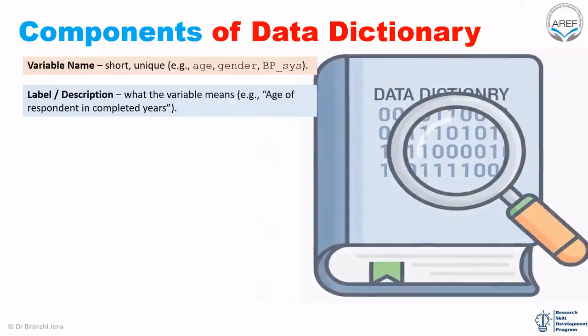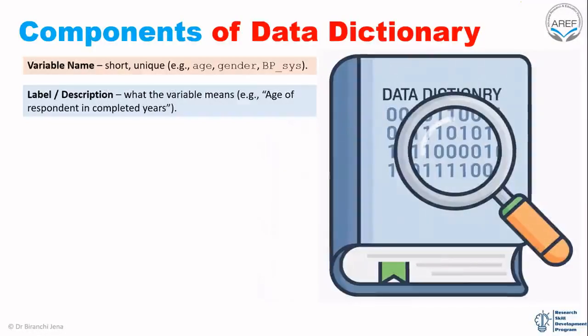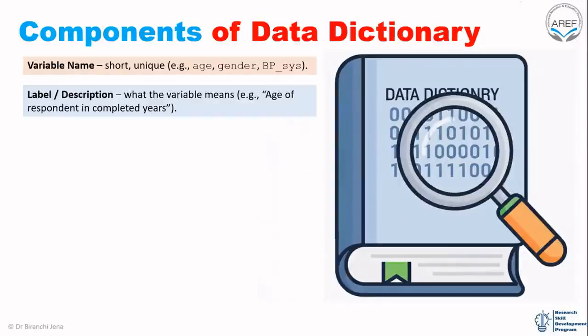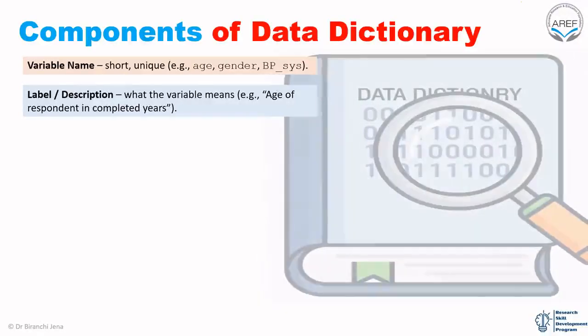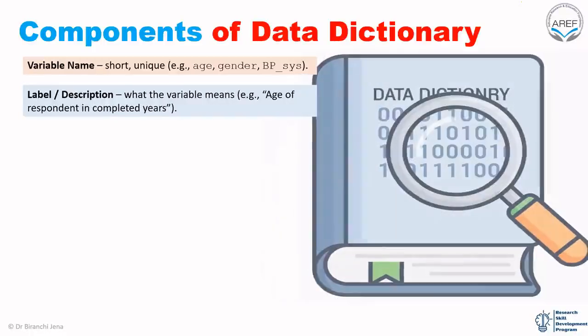Then similarly, if you want to give systolic blood pressure, then you can write a description like: on the date of data collection, the blood pressure will be measured by the digital blood pressure machine, and whatever systolic blood pressure comes, that will be reported.